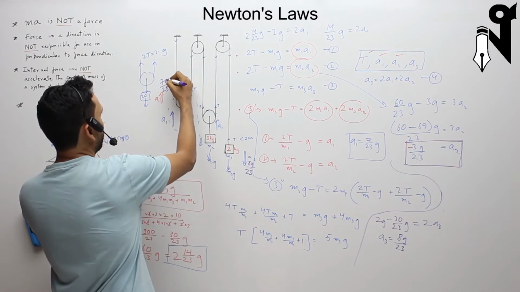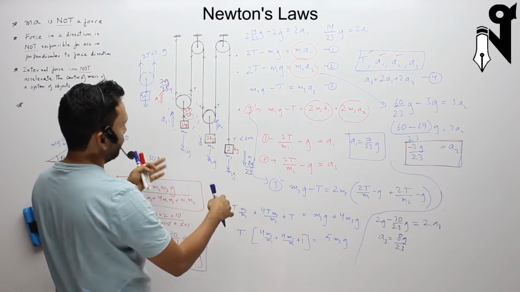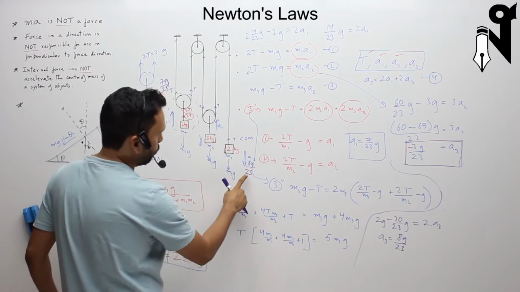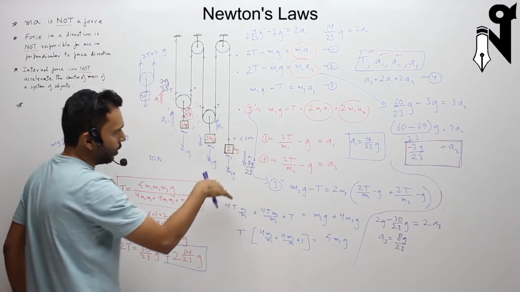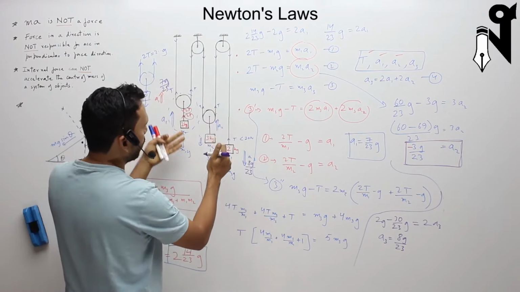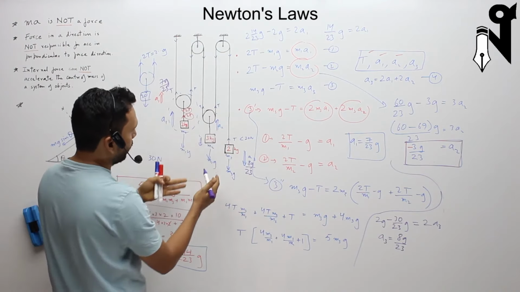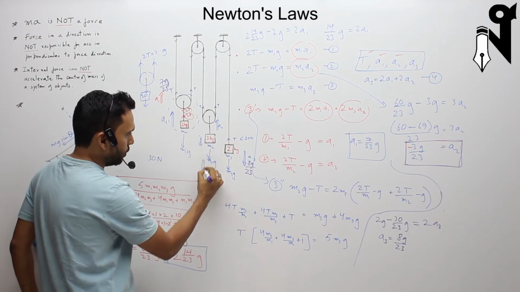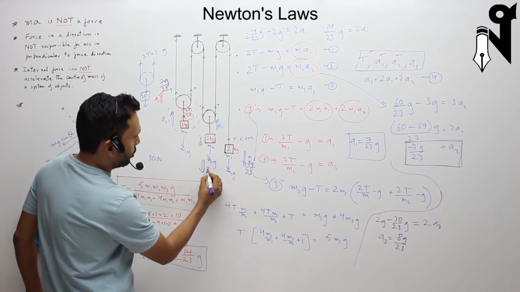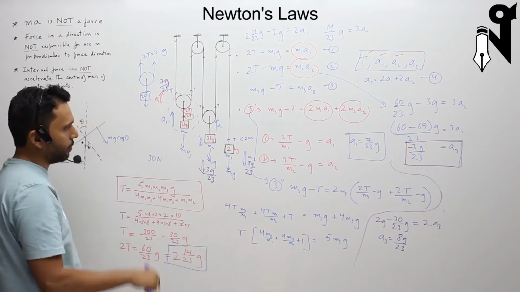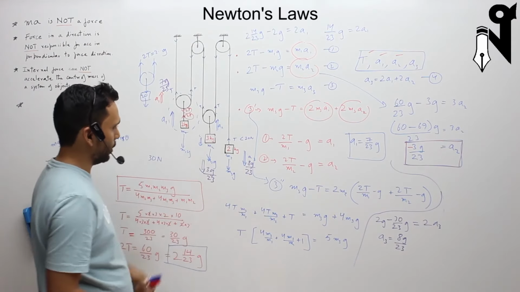It is going up with a considerable acceleration, and this is going down with a considerable acceleration, almost 1/3 of G. This has released the tension a lot, and hence this is going down very slowly. It came as 3G by 23. So this is going down with 3G by 23.